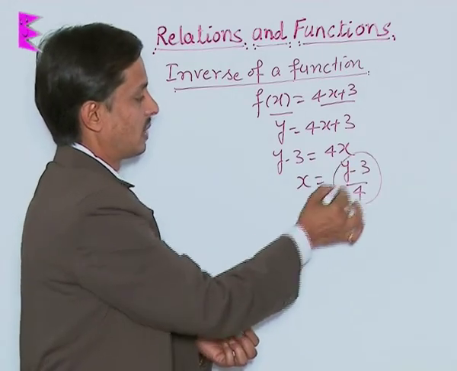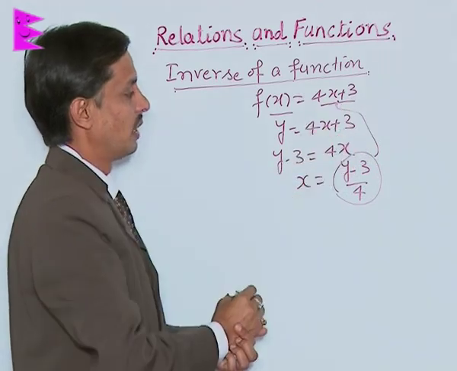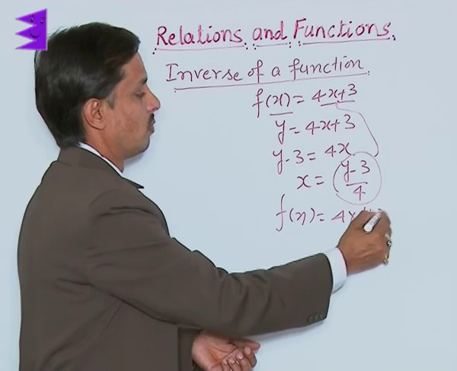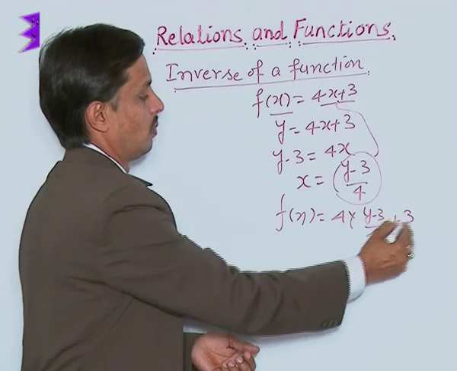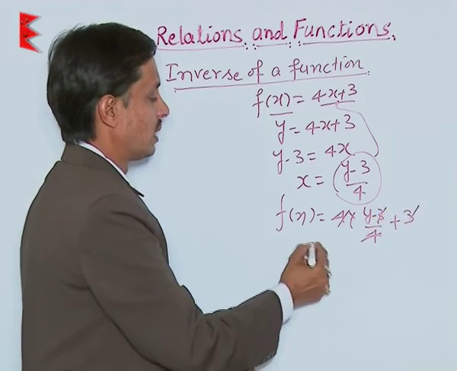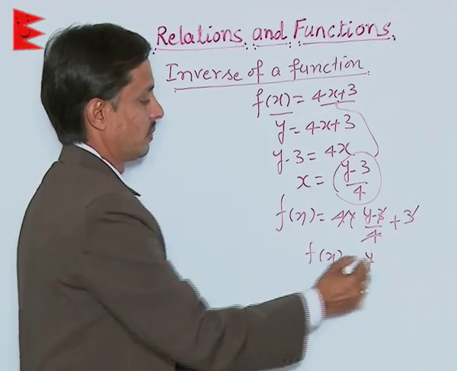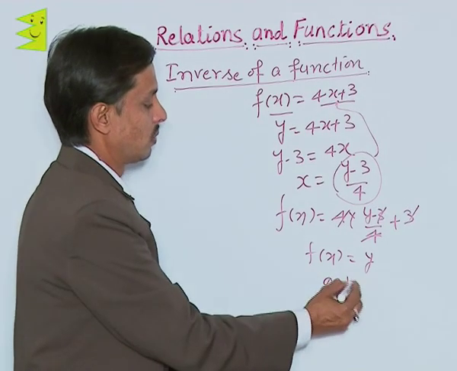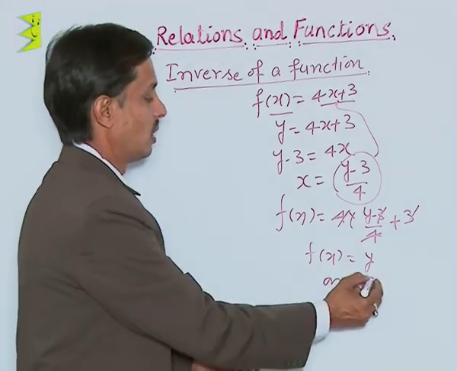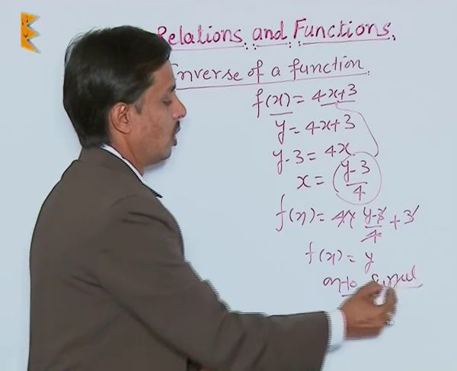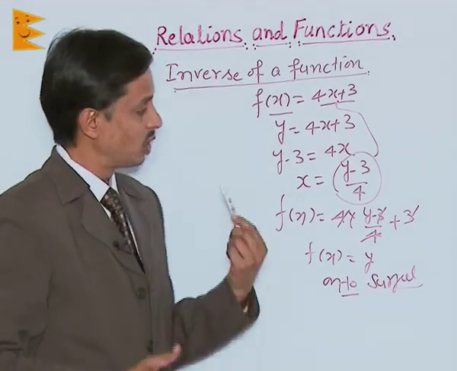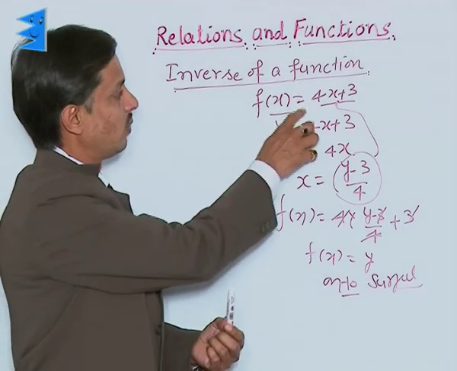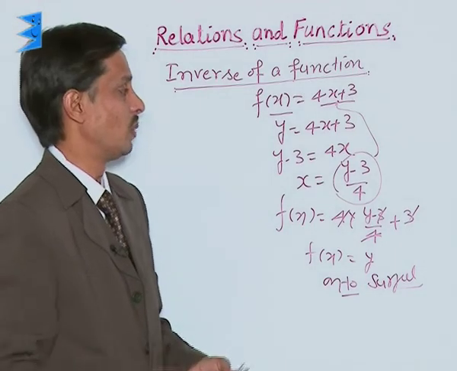This value of x, when put in place of x in f(x), we get 4 into (y minus 3) upon 4 plus 3. So we can say f(x) = y. If f(x) = y is obtained, we say the function is onto, or surjection. So the function becomes both 1-1 as well as onto, so the inverse of this function is very much possible.